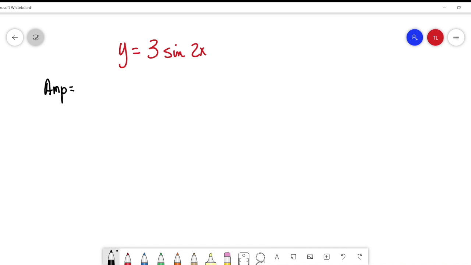So, in this particular problem, what's the amplitude? So that means instead of going up just 1, you go up how many? 3. Next, period.